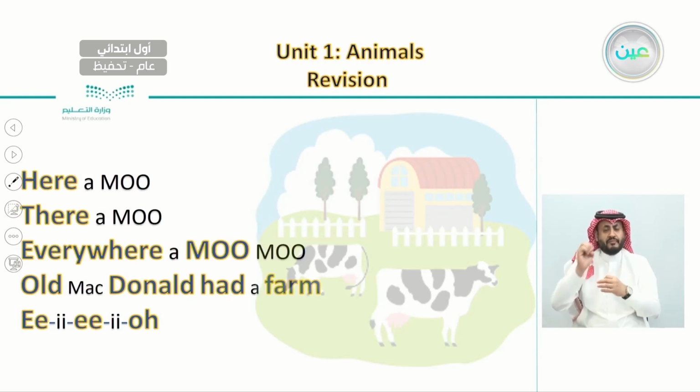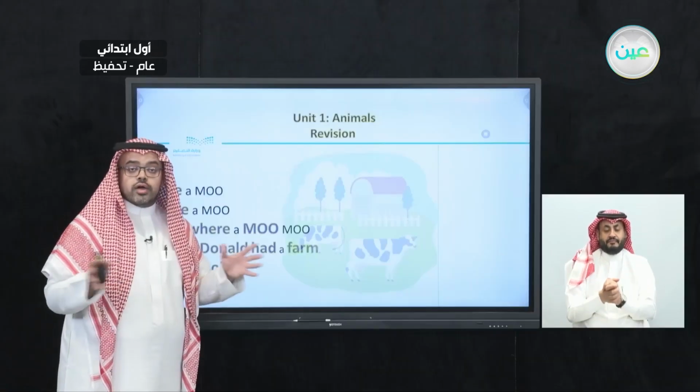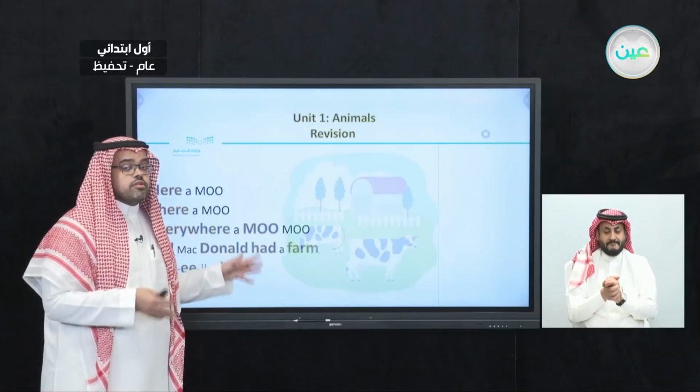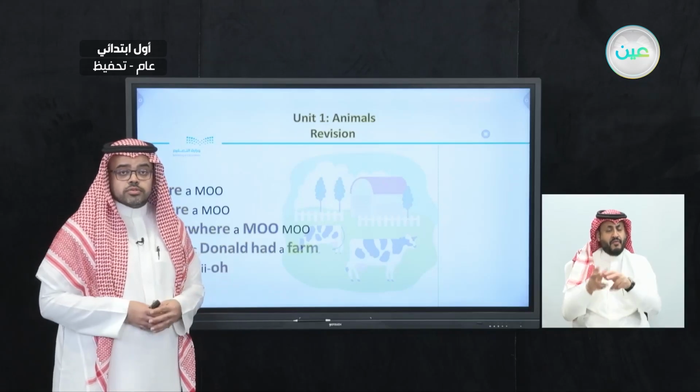Not only this, but it also said that everywhere in this farm you can listen to this sound, a sound of moo-moo. That means that they have cows everywhere. So this is what this chant is all about.